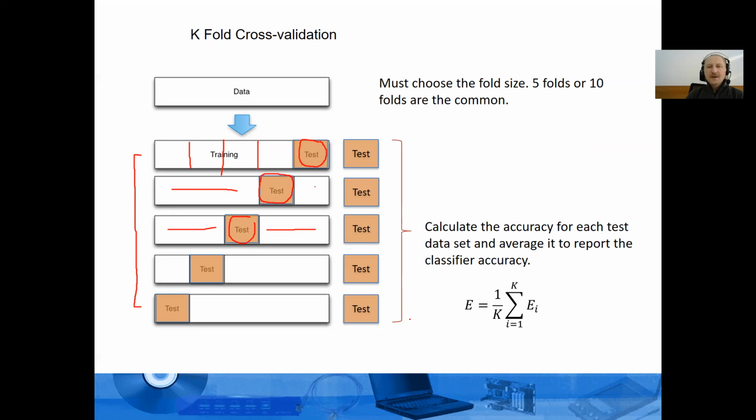When you are reporting accuracy, you add the accuracy of the result coming from each test data set, sum all of them and divide by 5. Here k is 5, so first you sum all of them, then get the average, and you report it.